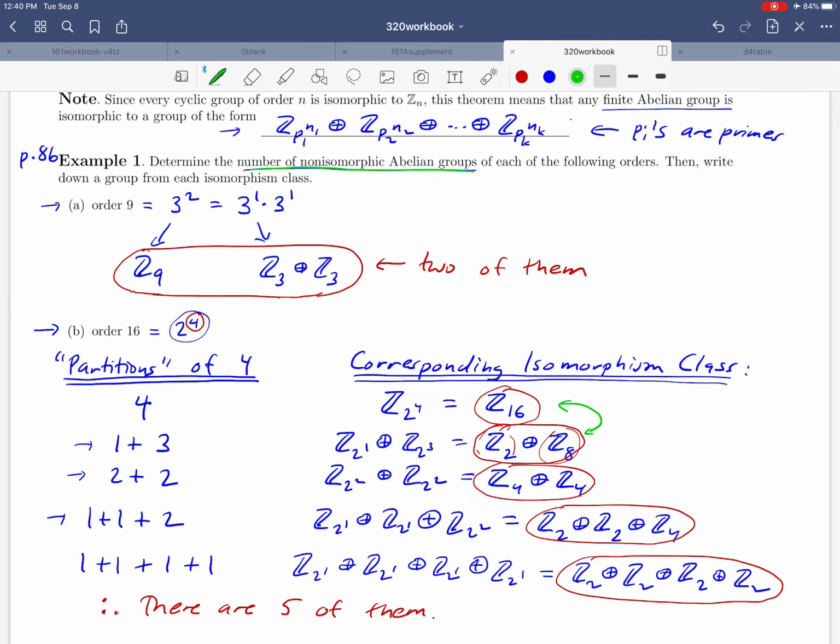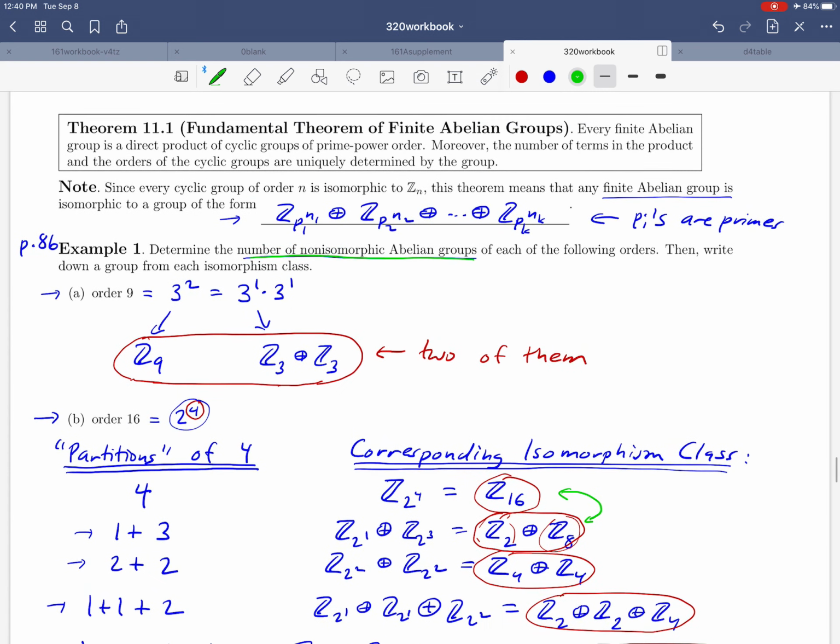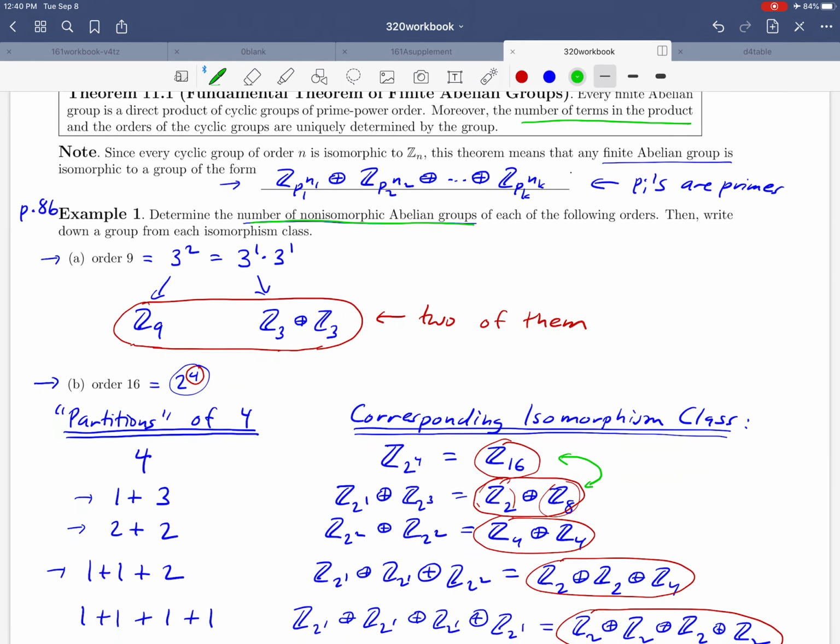How do we know that they're not isomorphic, based on the theorem that we stated? That comes down to the number of terms in the product. Z16 has only 1 term in that direct product, and Z2 plus Z8 has 2 terms, 2 pieces. The fact that those 2 numbers are different, the theorem tells us, means the groups can't be isomorphic.